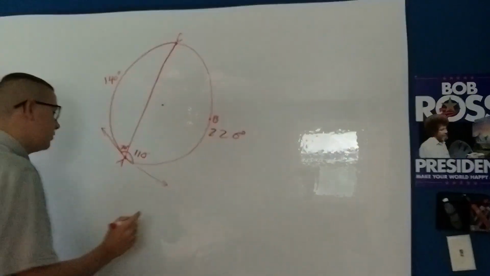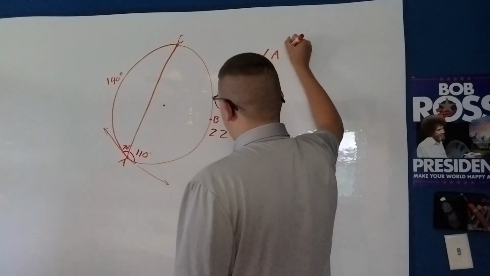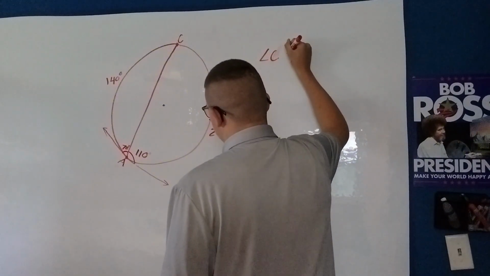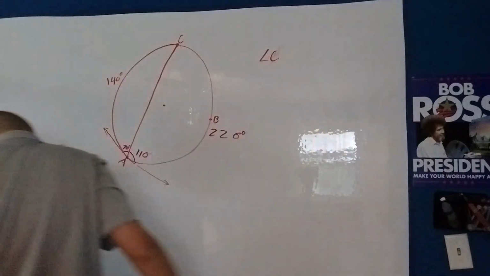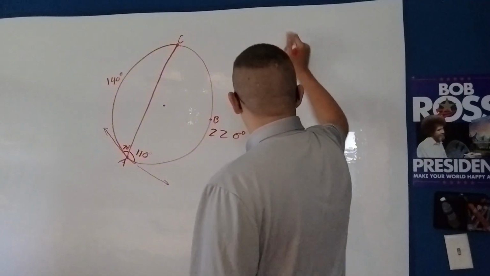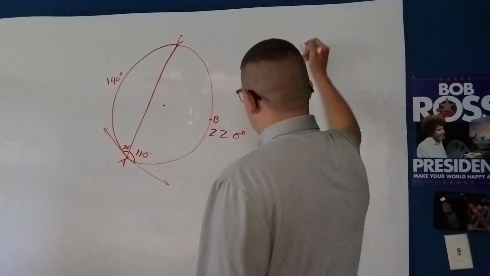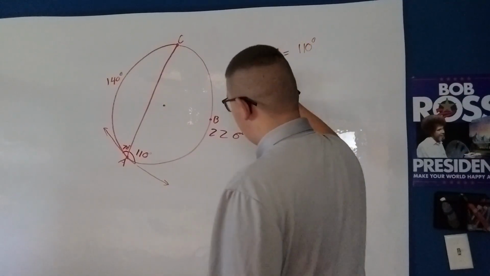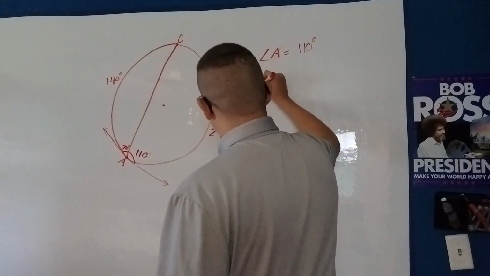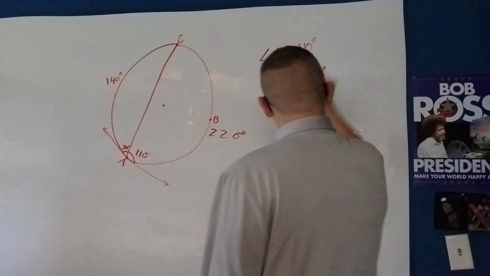And then this is 140 degrees. So we can say out here that angle A equals, so this angle here equals 110 degrees, and then this arc length, we can say arc AC is 140 degrees, like that.